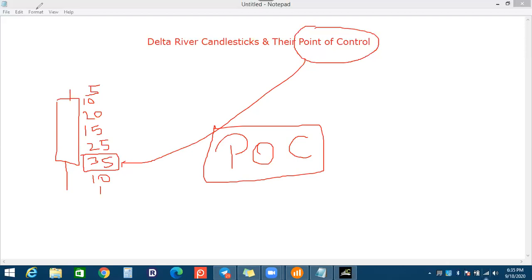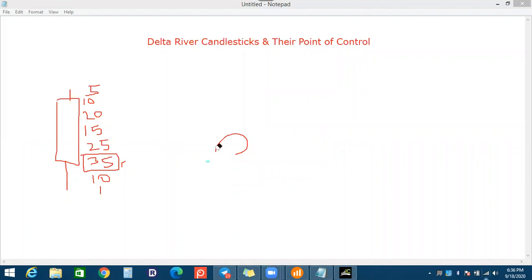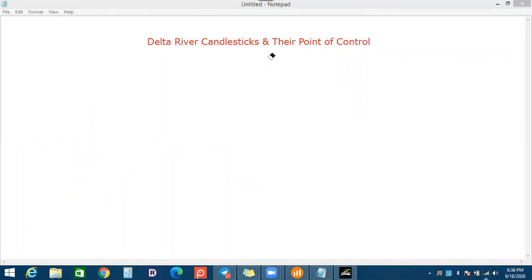So there are 4 types of candles in the Delta River. How many types? 4 types.